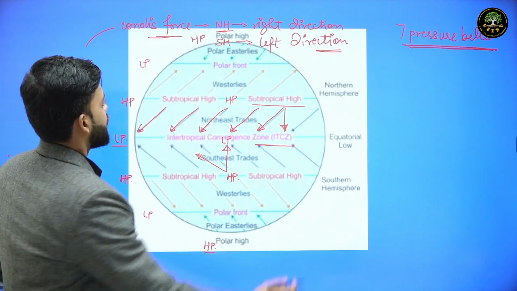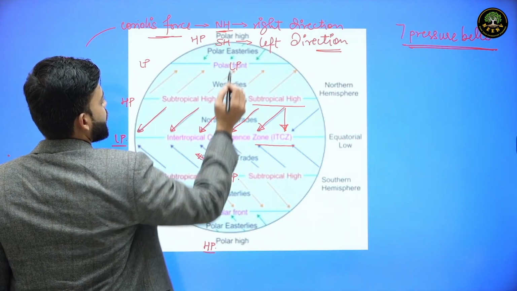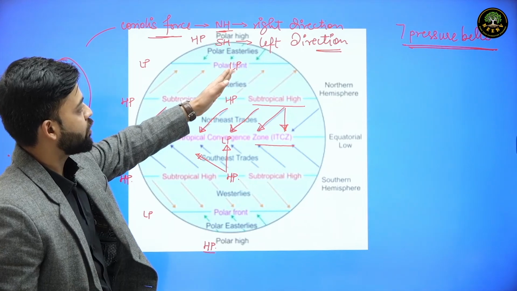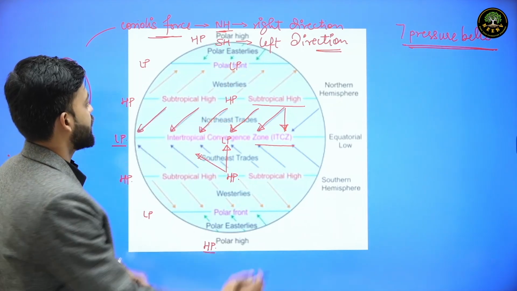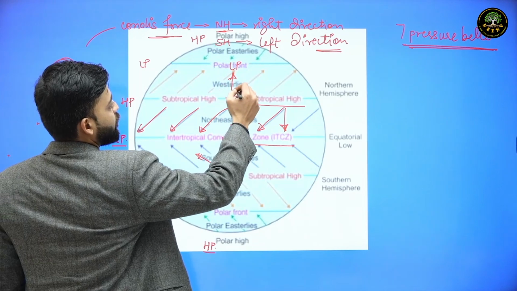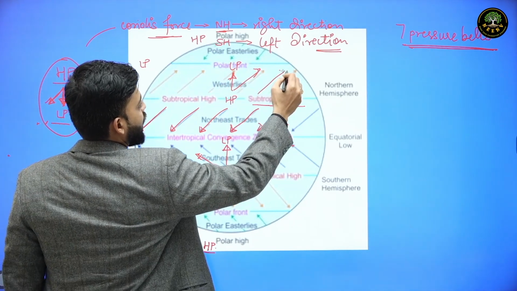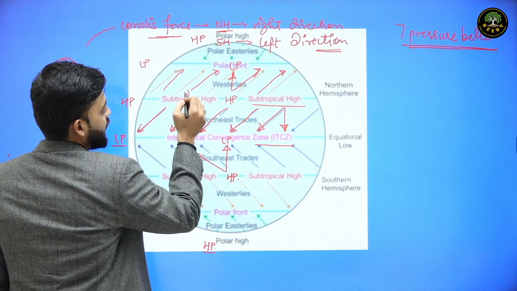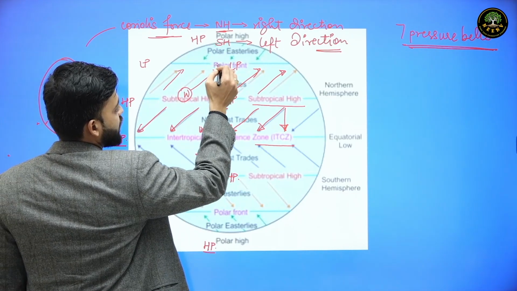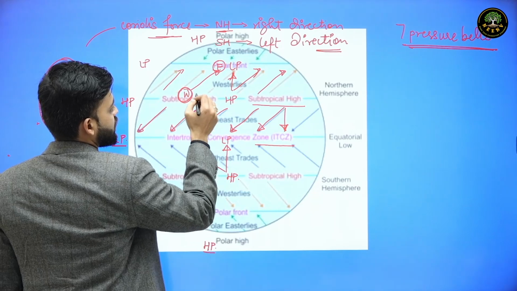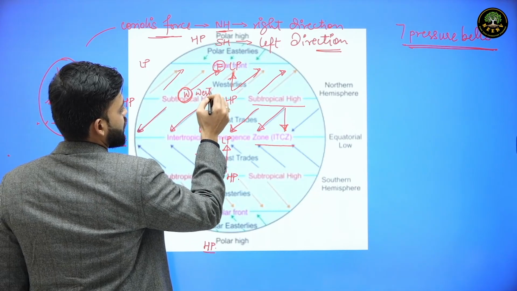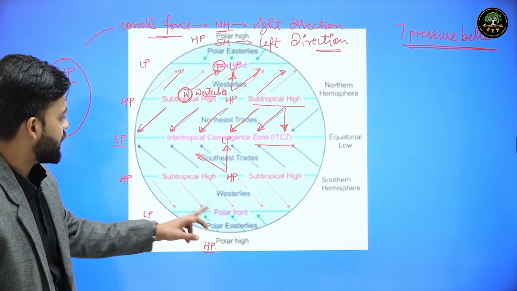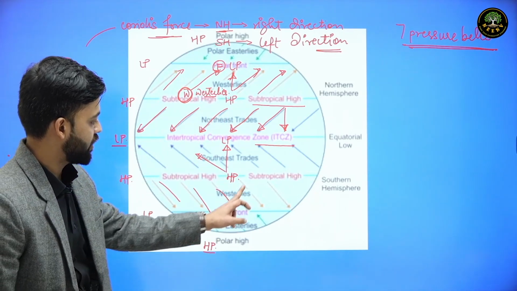Similarly, the wind now flows from subtropical high pressure to subtropical low pressure, and it moves towards its right. Now, since they are originating from the western direction and moving towards the eastern direction, they are known as westerlies. Similarly, westerlies in southern hemisphere.